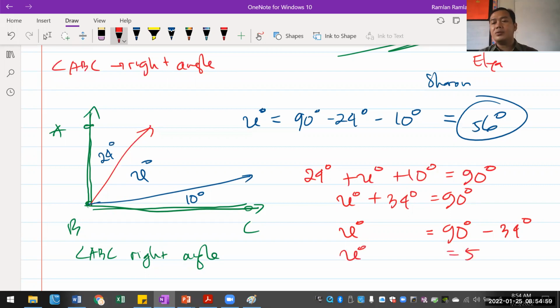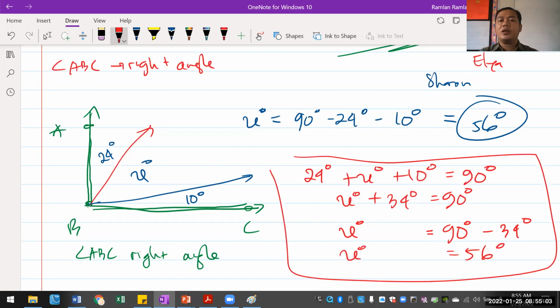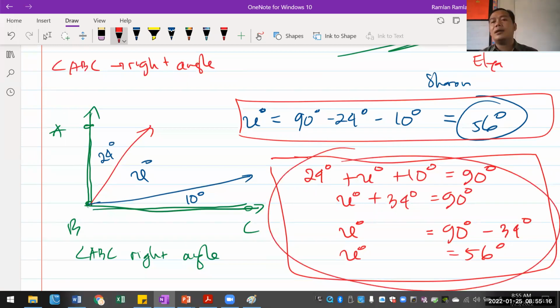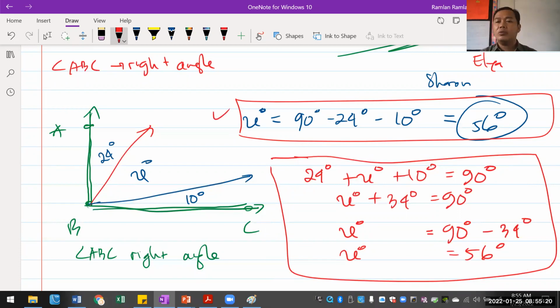So there are two ways to do it. You can do it like this, or like this. But most of the time, when you see a more complex problem, you will more likely write it like this. For easy ones like this, it's fine, but when it's more complex, it won't be as simple as this. Okay?